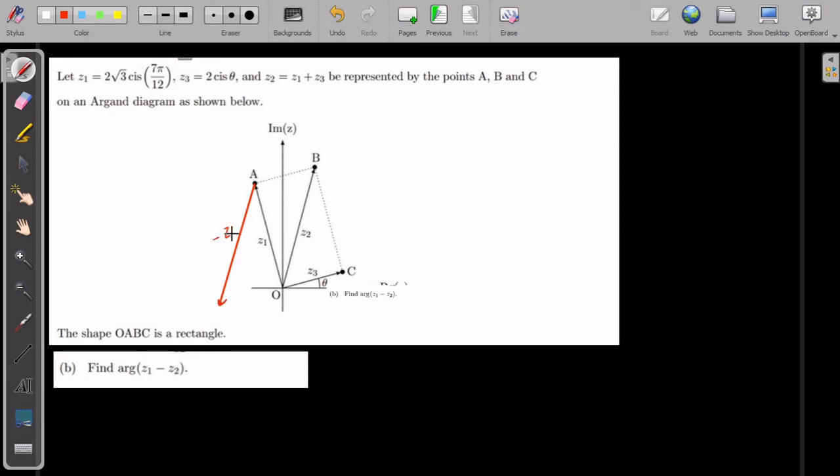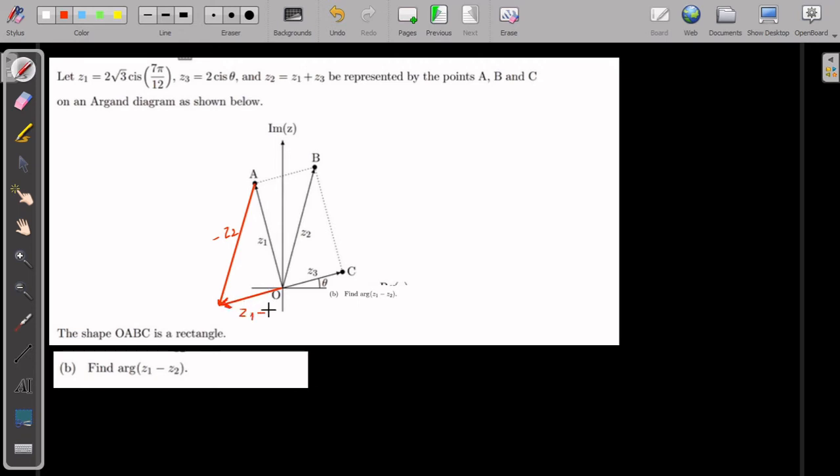That's minus Z2. So which is basically my vector Z1 minus Z2, which is this vector here.